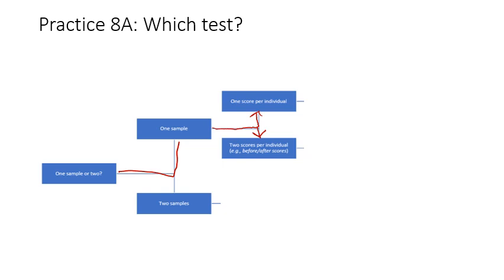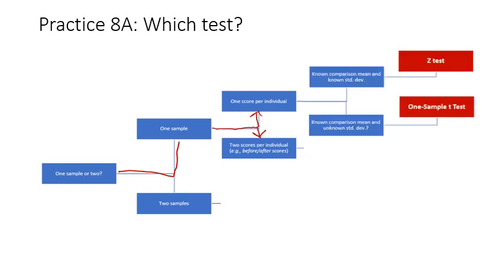If it's one score per individual, you'll want to come over to this next set of questions. Does the comparison distribution have a known mean and a known standard deviation? Or does the comparison distribution have a known mean, but you don't know the standard deviation?